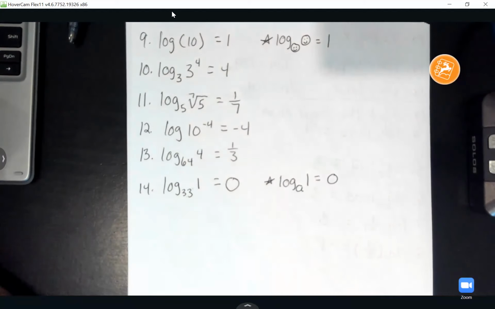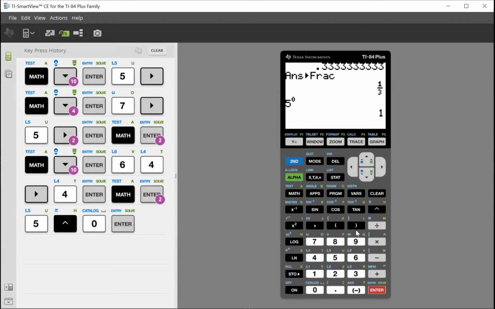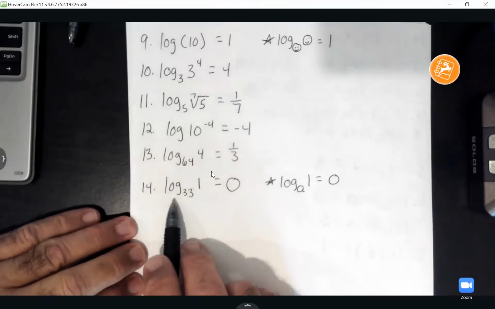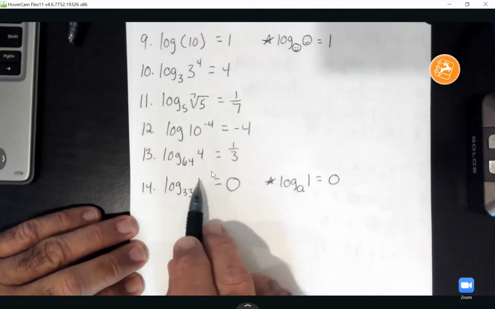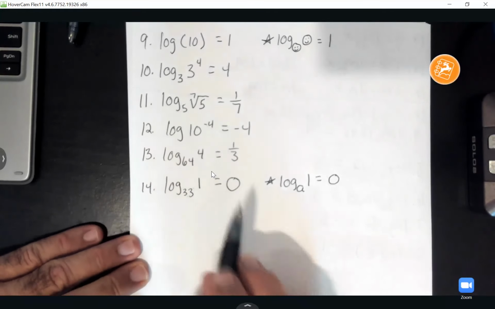And y'all watch this on your calculator. Say I had 5 and I raised it to the 0 power. Look at that, it's going to give me a 1. What if I had 9, raised it to the 0 power? It's going to give me a 1. So no matter what the number, if you raise it to the 0 power, it will equal a 1. So that's why if you got a logarithm, no matter what this base is, if that results a 1, then it has to be because the exponent was a 0.